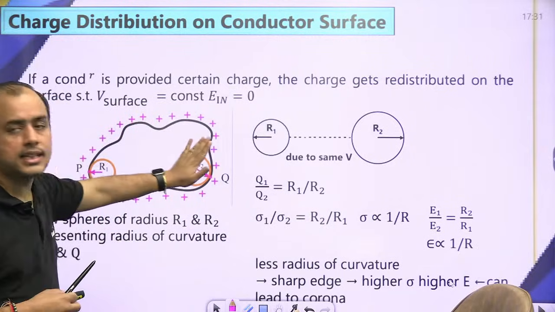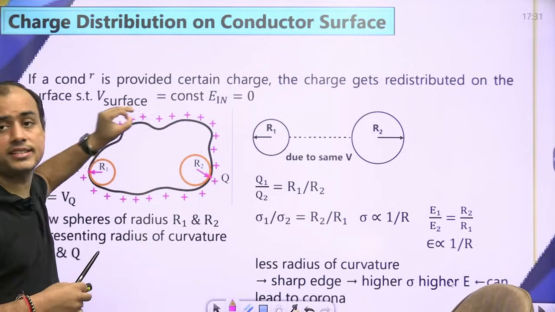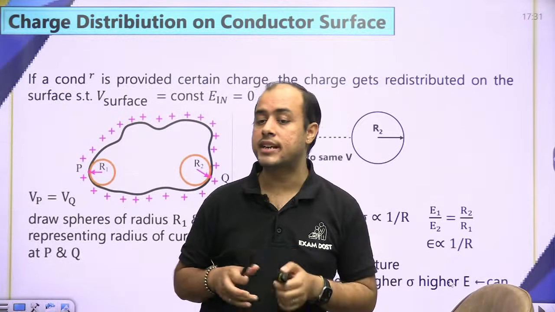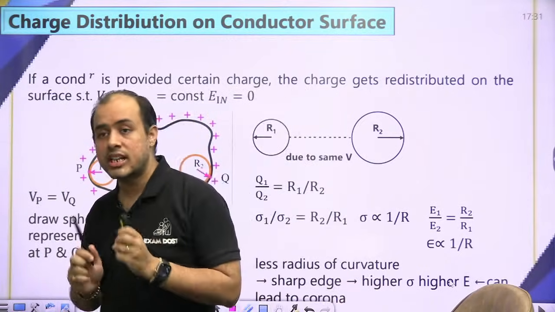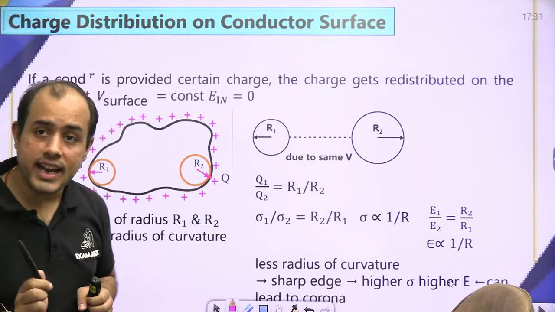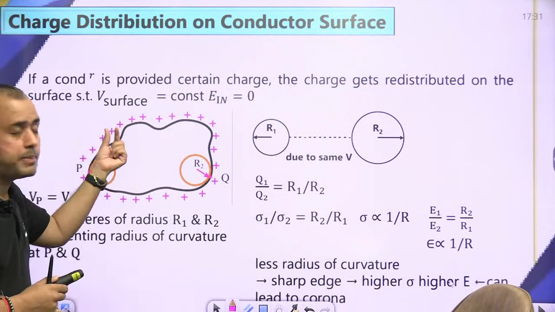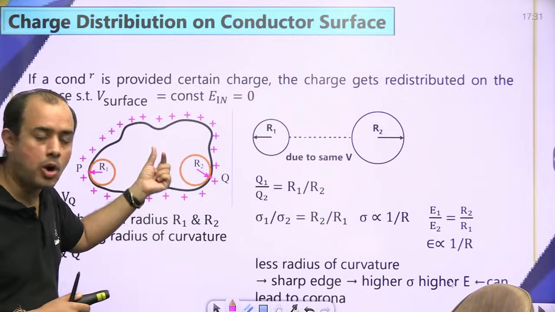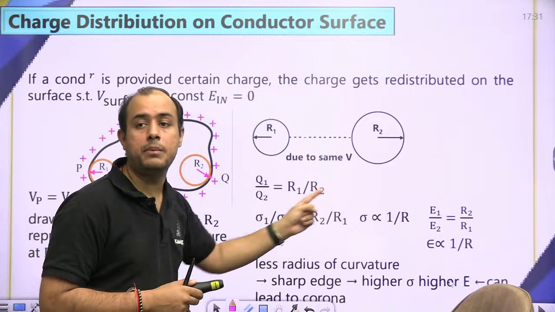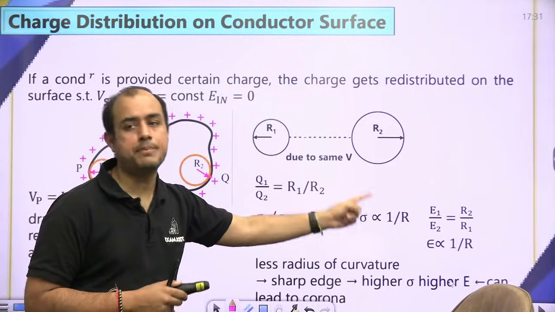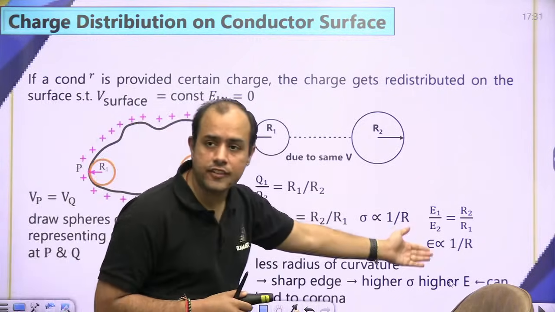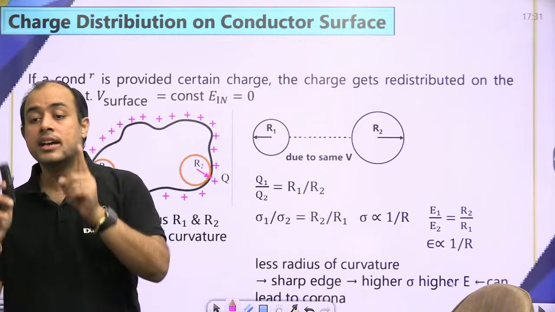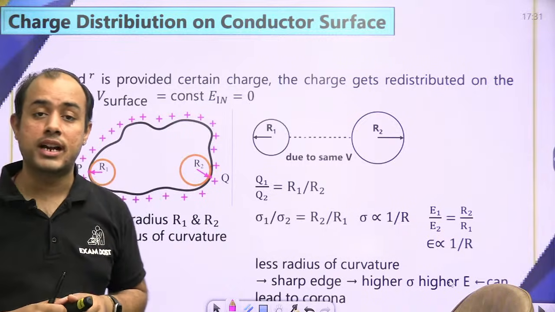On a conductor where the curvature is different at different points, the charge is distributed such that potential is same. Now wherever the conductor shape is sharp, curvature is large, the radius is small, charge density will be large because it is inversely proportional to R. Electric field will be large, it is inversely proportional to R. And there you can observe the corona discharge.